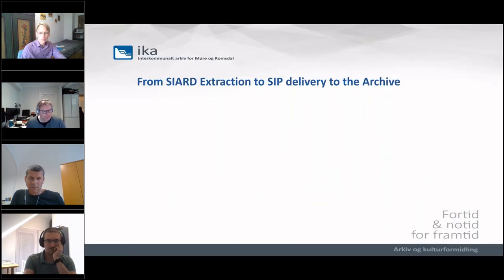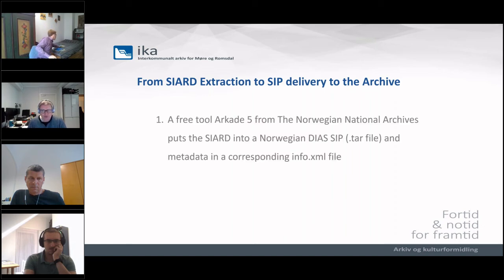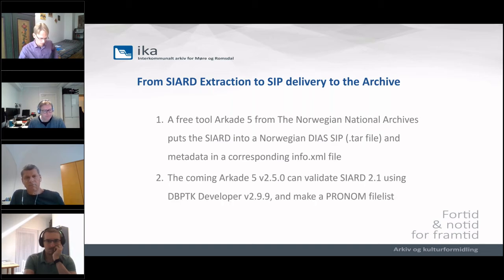The process from getting the extraction delivered to the archive: we use a free tool from the Archive, which is provided for free by the Norwegian National Archives. And it puts the SIARD package, also any other extraction we have, like NOARK 5 or other, into the dia-zip, which is a .tar file, with the metadata in the corresponding info.xml on the side.